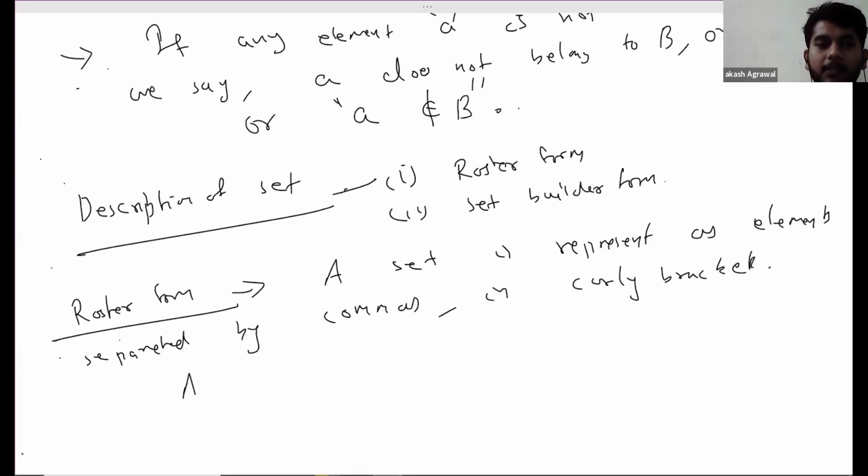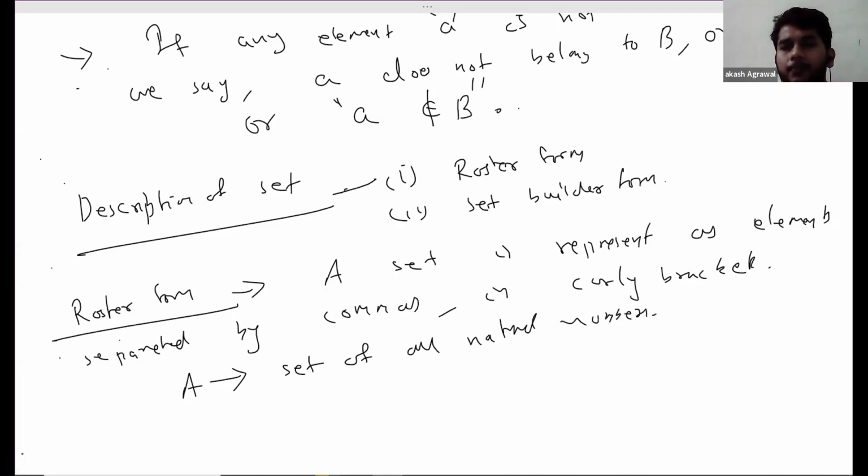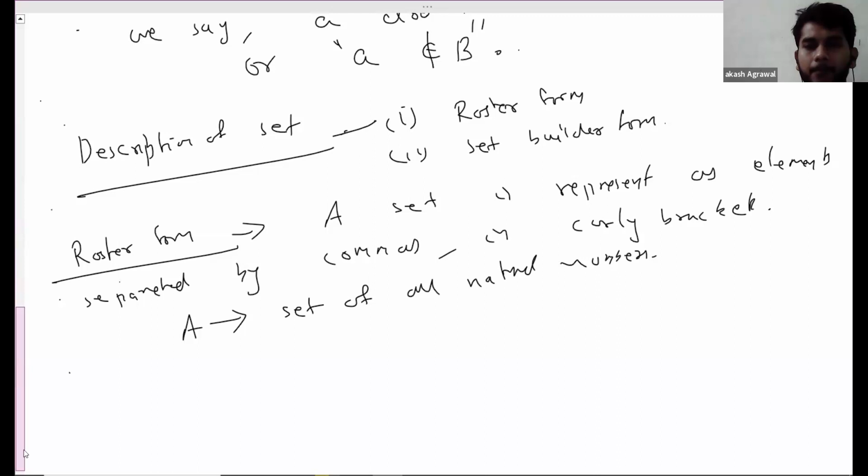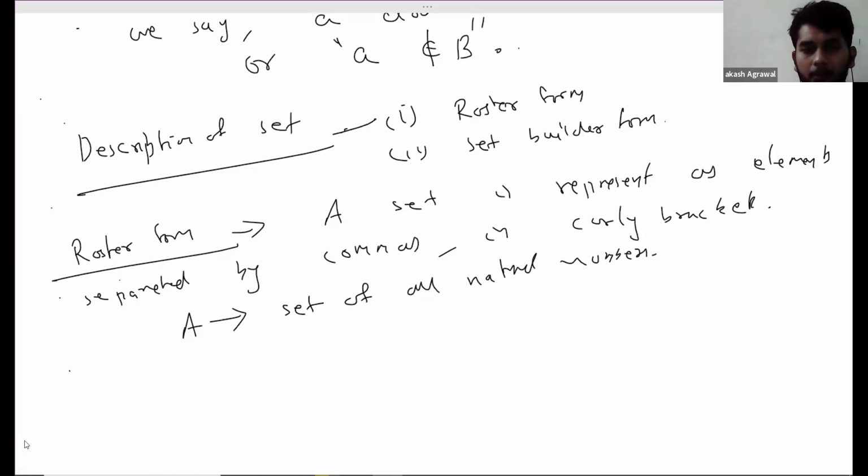For example, if I say set A is set of all natural numbers. What are natural numbers? Does anyone know? Numbers that come from 1 to infinity, all positive integers.